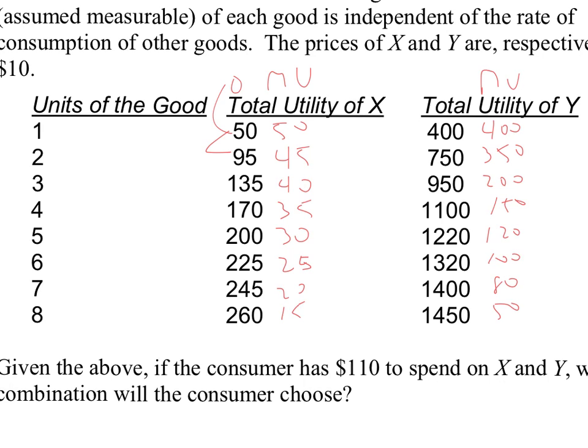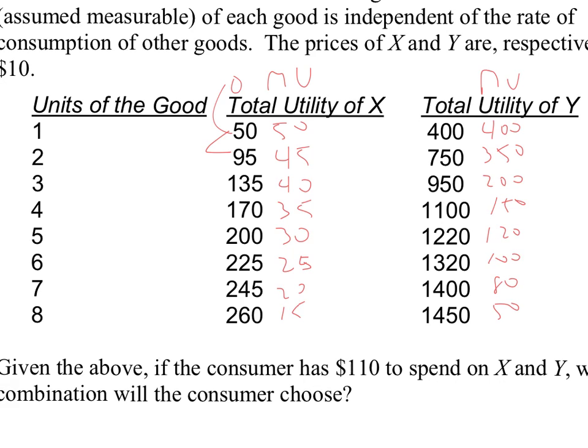Now, we don't make decisions based exclusively on marginal utility. We want to maximize total utility, and we do that by looking at which goods gives us the most bang per buck. You may have heard that expression. We want to spend our income in a way that maximizes our bang per dollar.